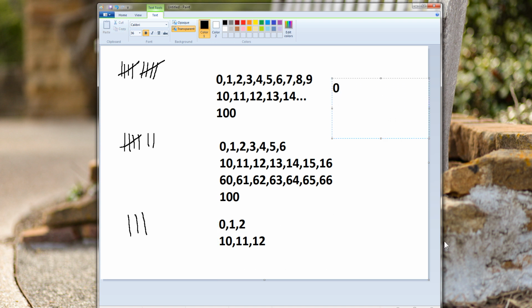So we have 0, 1, 2, then we'd have 10, 11, 12, and then we'd have 20, 21, and 22. At which point we've had our 3 groups of 3 numbers, so we have to start our third place of numbers.